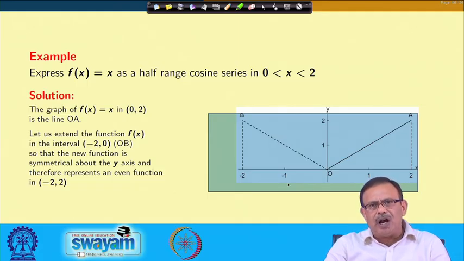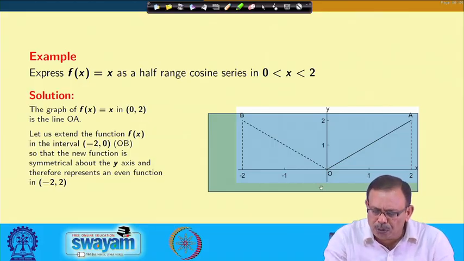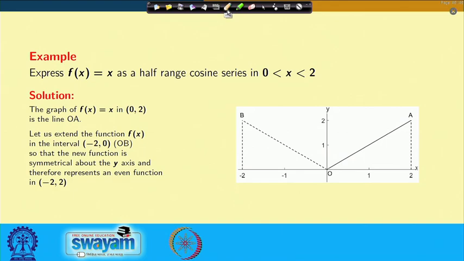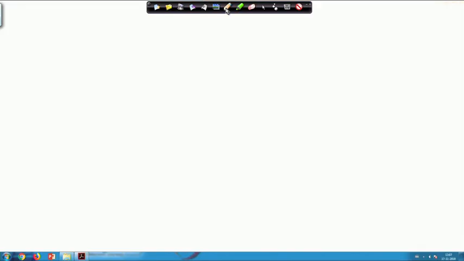So, please note that whether I am defining same function as a half range sine series or half range cosine series, its characteristics, its property, its graph will remain same whenever I am talking about the period 0 to 2 only. So, let us see now in this range what happens.